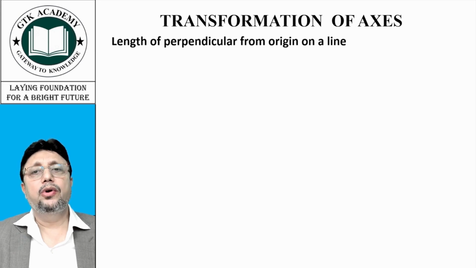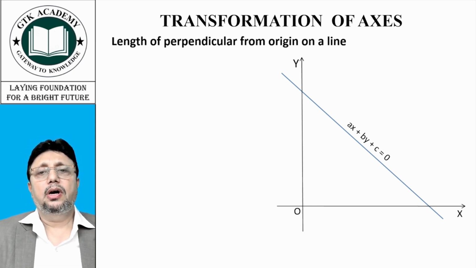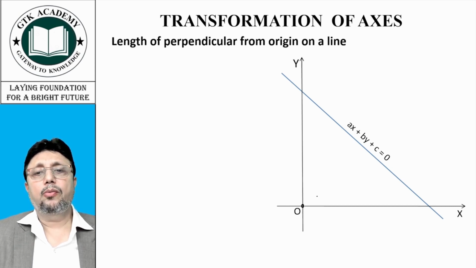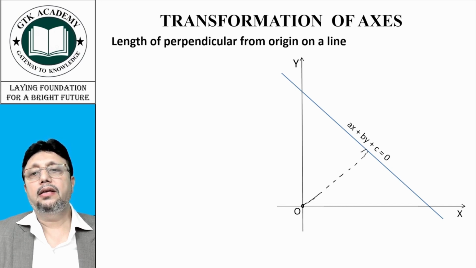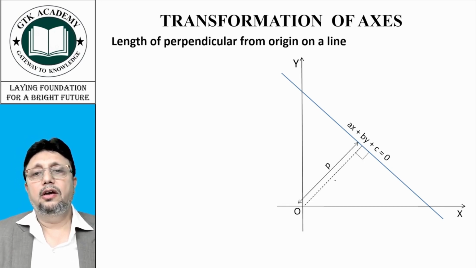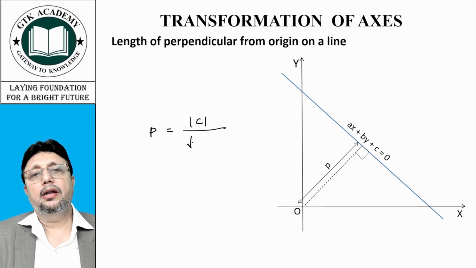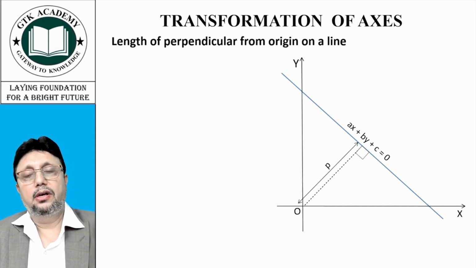Length of perpendicular from origin on a line. Suppose there is a line ax plus by plus c is equal to 0, and you need to find the length of perpendicular from origin. So what is the formula for that? p is equal to mod of c, you take only the numerical value, upon under root a square plus b square, right?